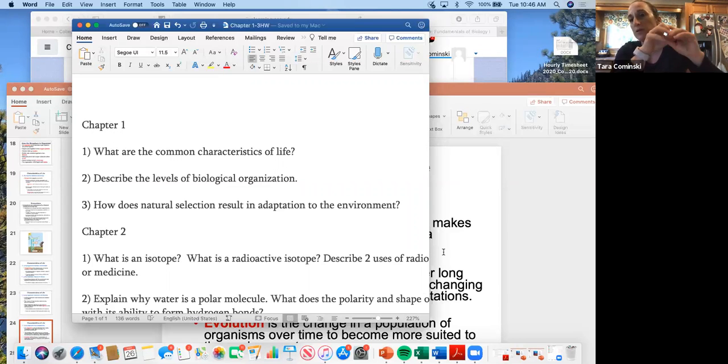So remember, when we talk about natural selection, it's the environment selecting for those traits that are most favorable. The traits, though, are dictated by the genes, by the DNA, and what's present there is really just by chance. But if that makes that organism more suited for the environment, then you're going to see those traits occur over and over again and get passed down from generation to generation.